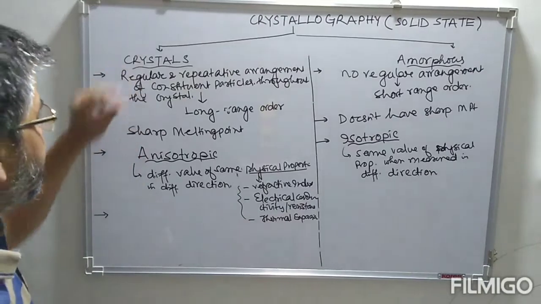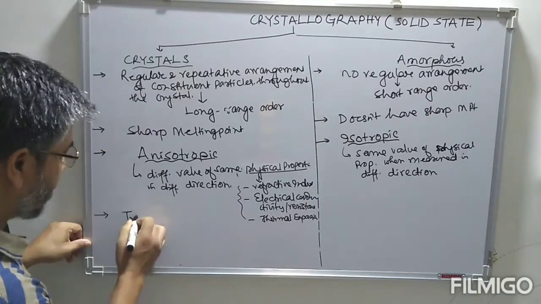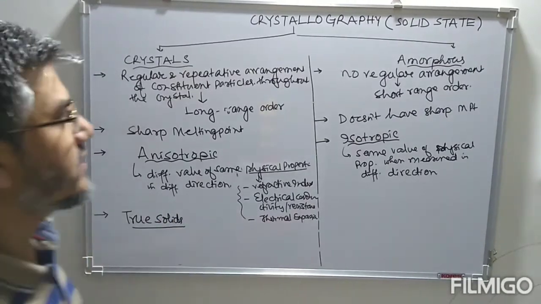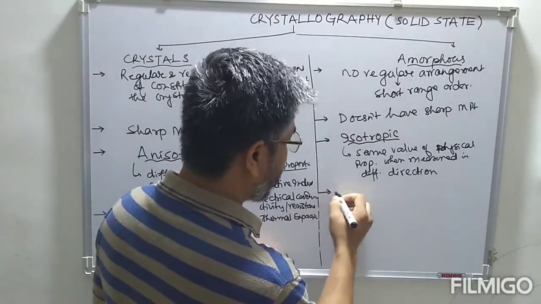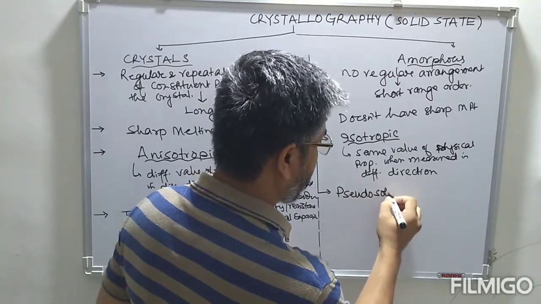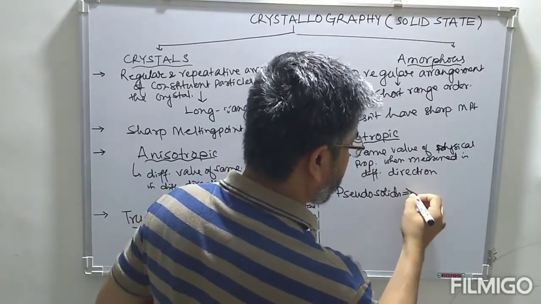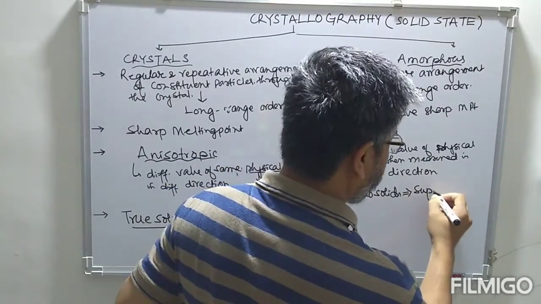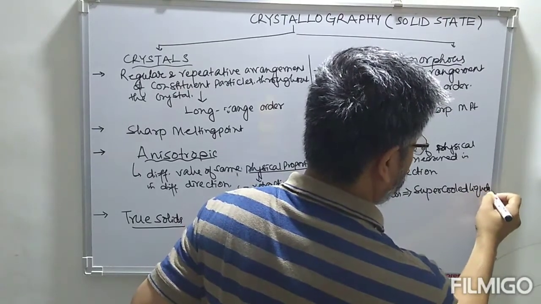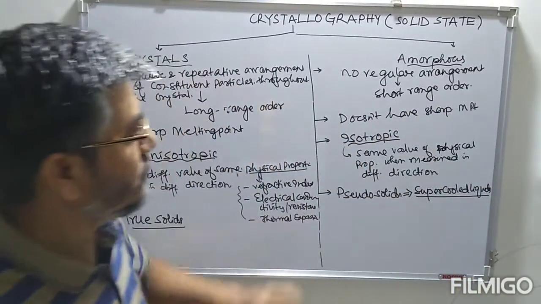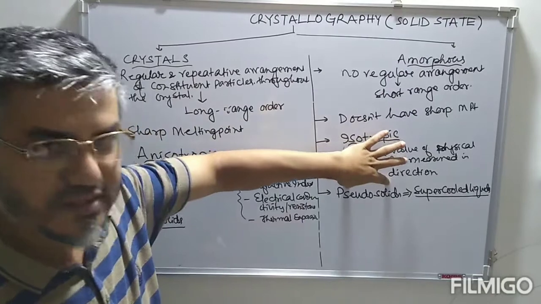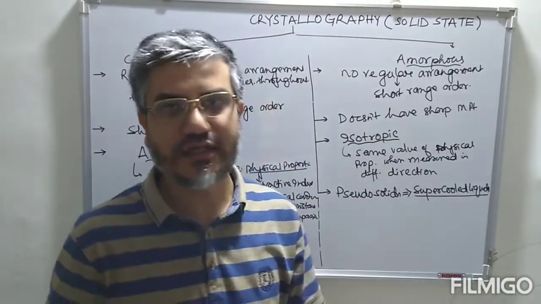Crystalline compounds are known as true solids. Amorphous compounds are known as pseudo solids, or they are also known as super cooled liquids. So we are using the term amorphous substances or solids as pseudo solids or super cooled liquids.